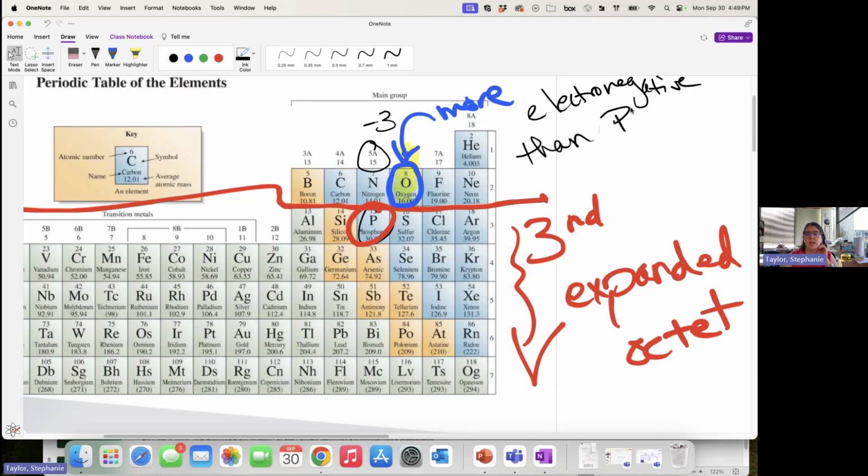So that oxygen is more electronegative than phosphorus, that means it wants the electrons in the bond more. So if I'm trying to think about what's the most stable configuration of my electrons in the molecule, giving the formal charge to the more electronegative atom is a better idea, is a more stable representation of the molecule overall.